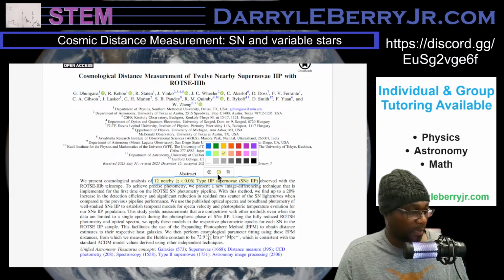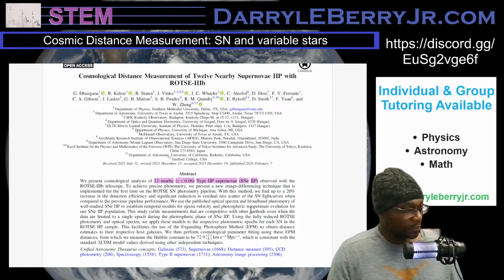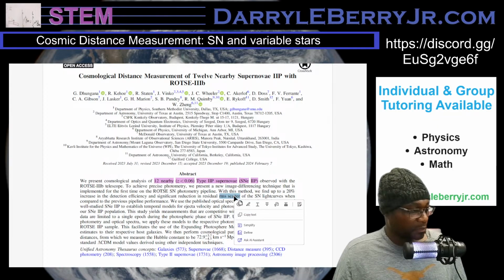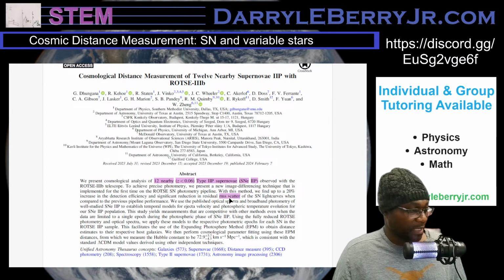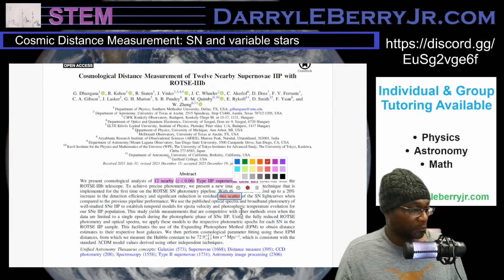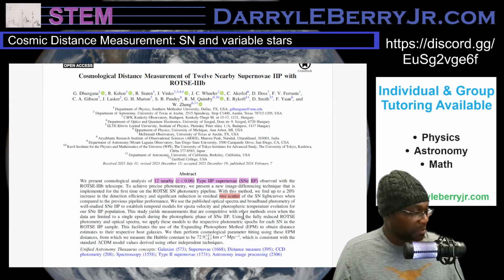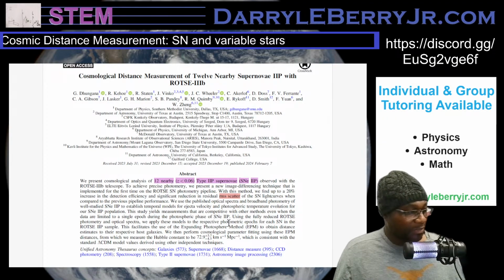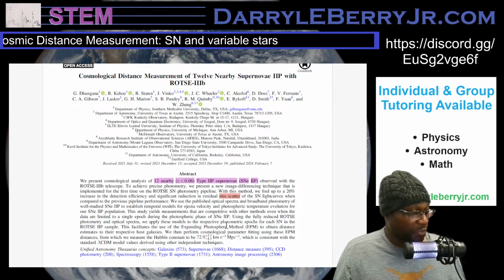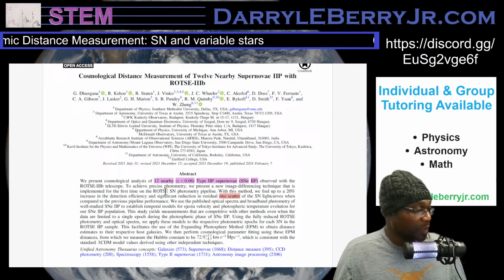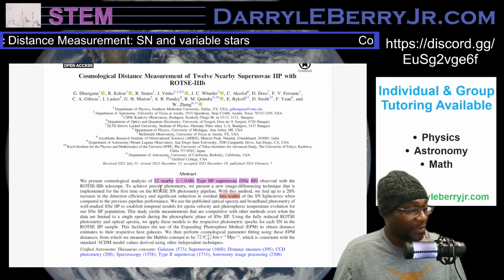RMS scatter, so I need to learn what that is. The supernova light curves when compared to previous pipeline performance. We used the published optical spectra and broadband photometry of well-studied type 2P supernovae to establish temporal models for ejecta velocity.